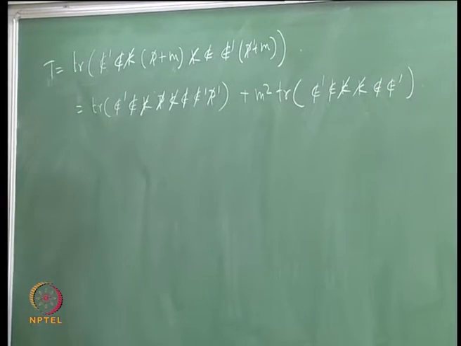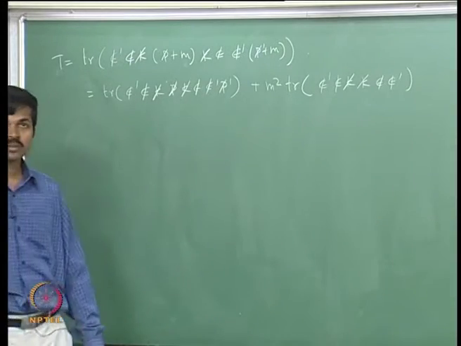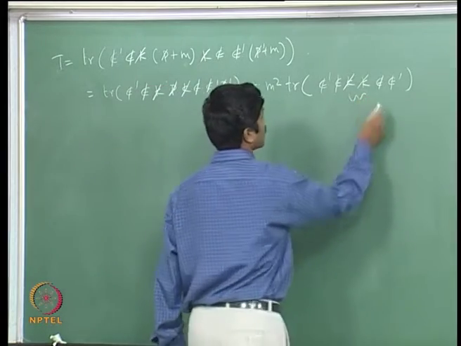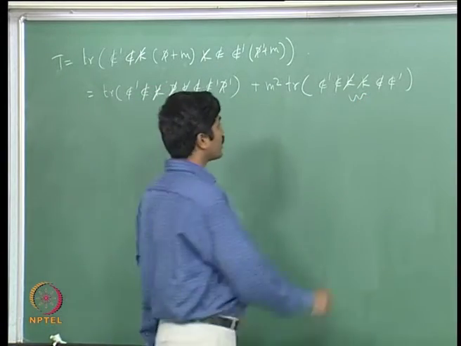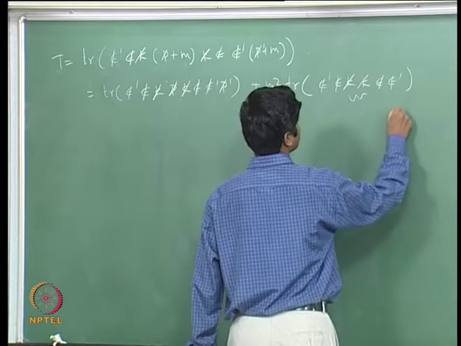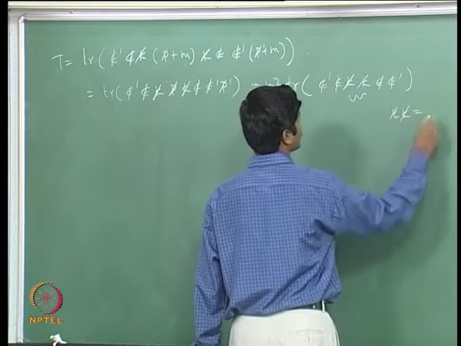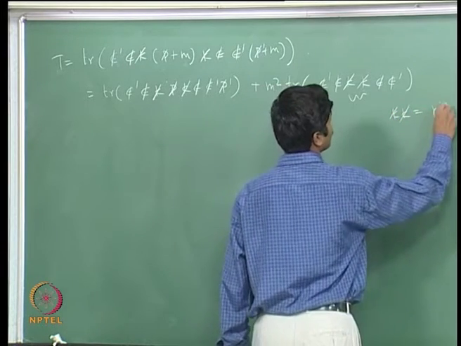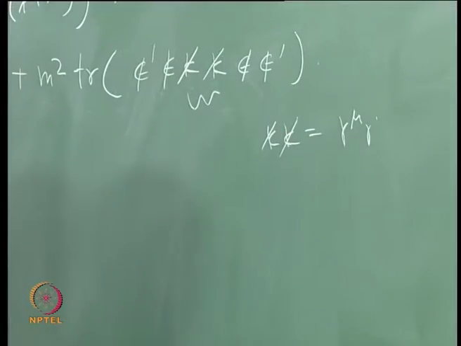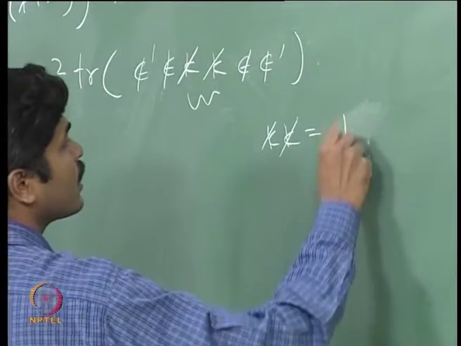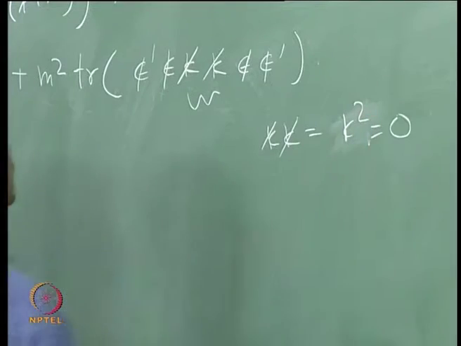I claim that the second term is 0 because of the presence of k slash k slash here. You have k slash equal to gamma mu k mu, and we have done it in the previous lecture, k slash k slash is k square, which is equal to 0. Therefore, the second term vanishes.